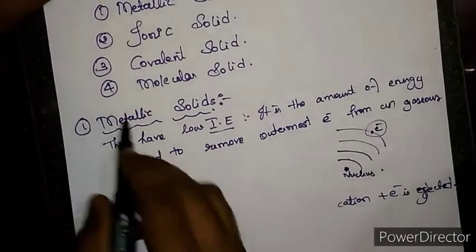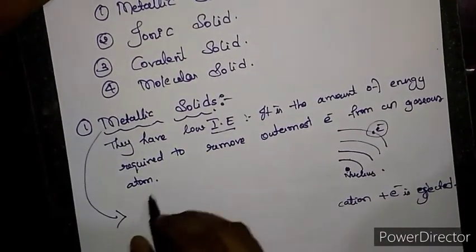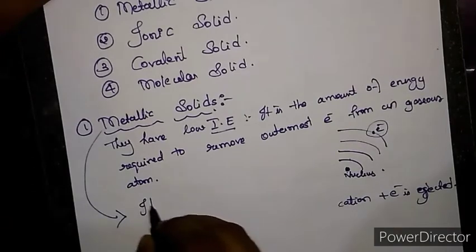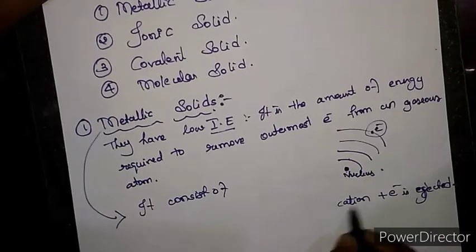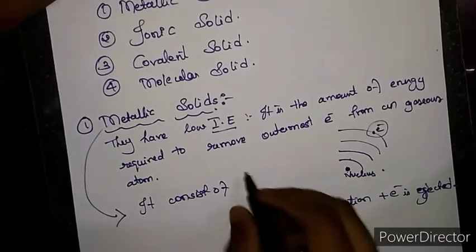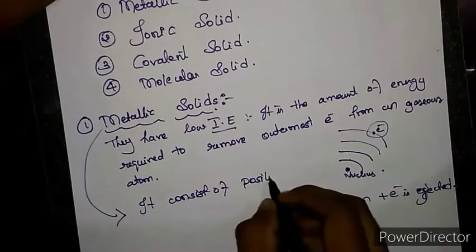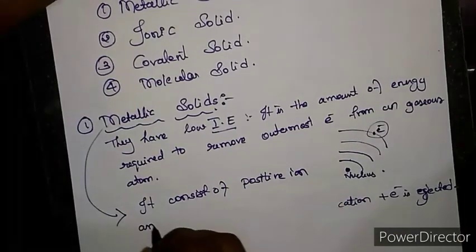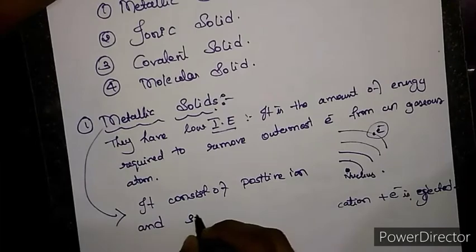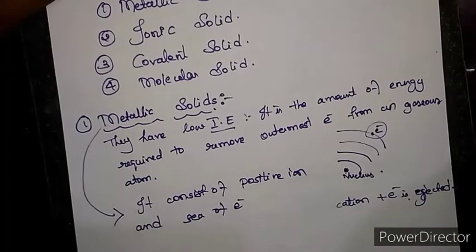So a metallic solid consists of positive ions, cations, and a sea of electrons.